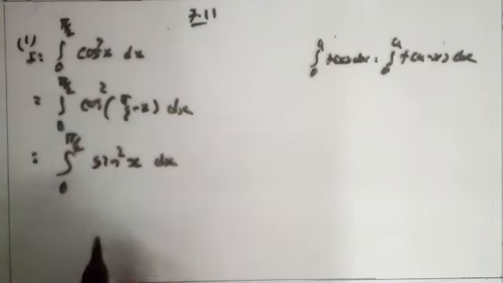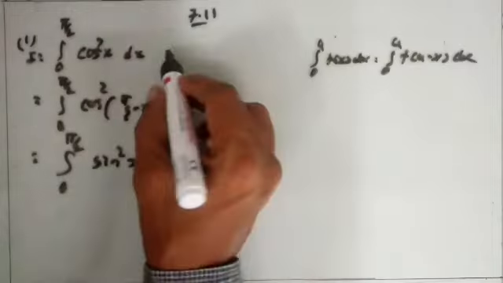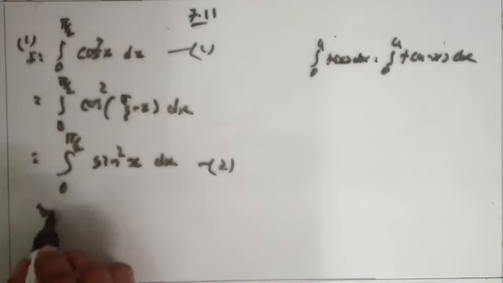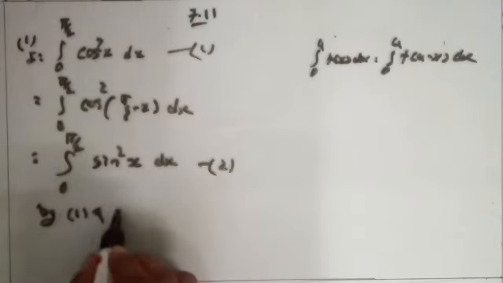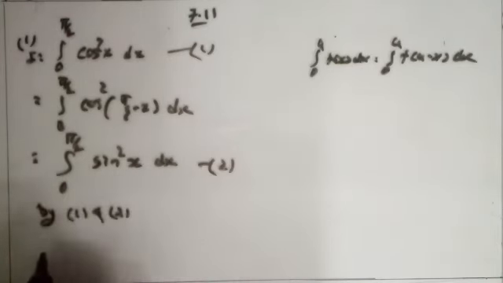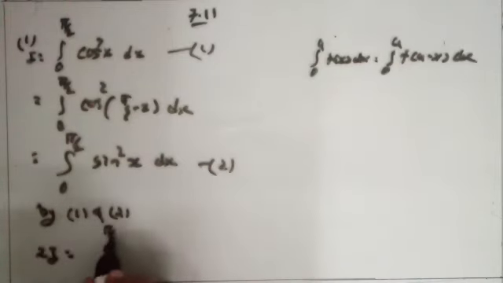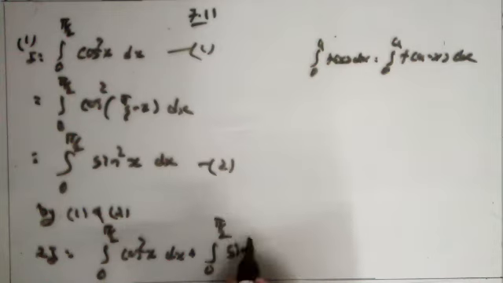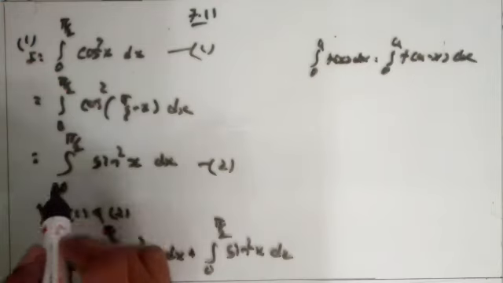Now take the addition of these two, the first and the second: 2 times I is equal to 0 to pi by 2 cos square x plus 0 to pi by 2 sin square x. Take the addition of corresponding parts of both integrals.